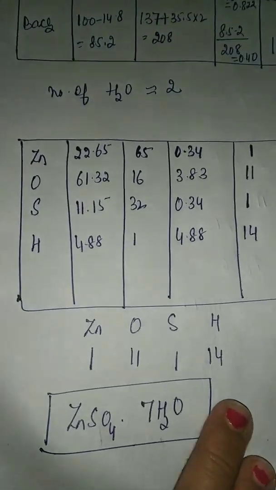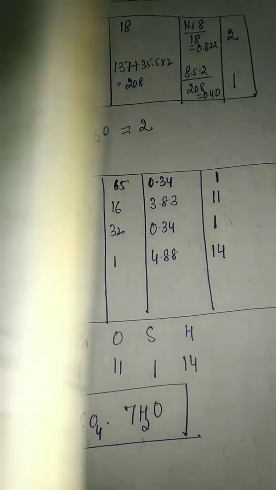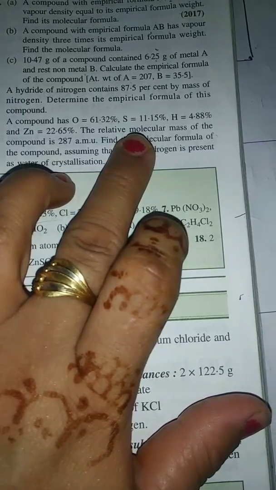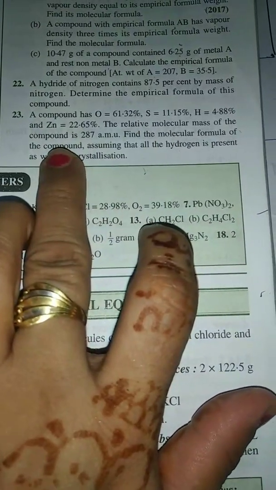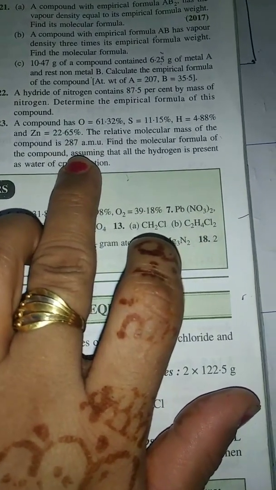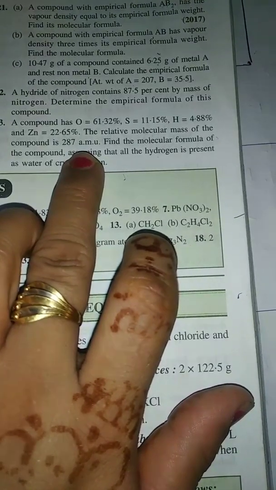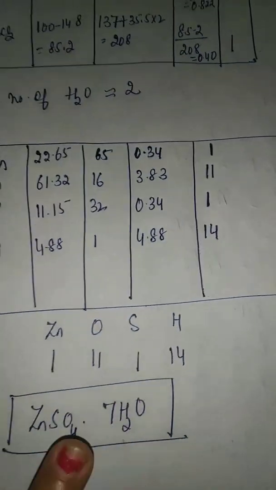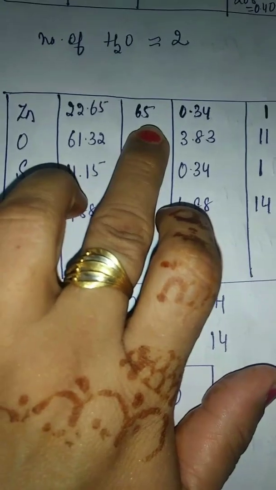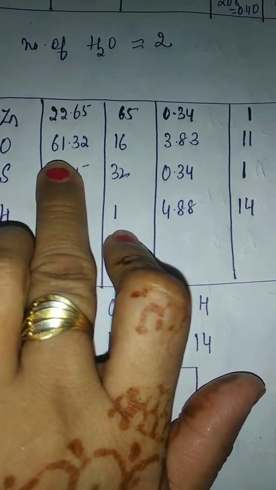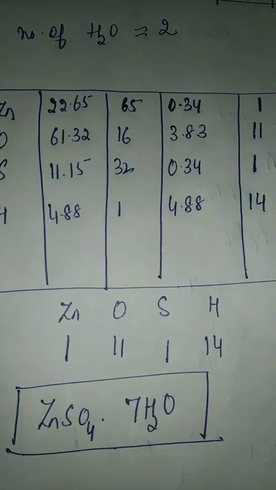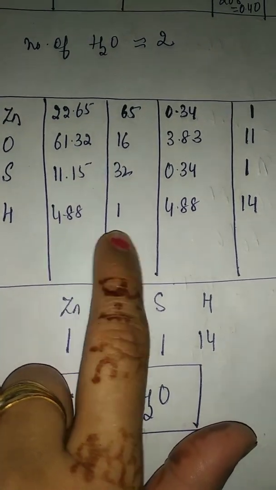Now come to the last question, question number 23. A compound has oxygen 61.32%, sulfur 11.15%, hydrogen 4.88% and zinc 22.65%. And molecular mass is given to us, that is 287. Find out the molecular formula. So first we will calculate the empirical formula. Zinc 22.65, atomic mass 65. Oxygen 61.32, atomic mass 16. Sulfur 11.15, atomic mass 32. Hydrogen 4.88, atomic mass 1.